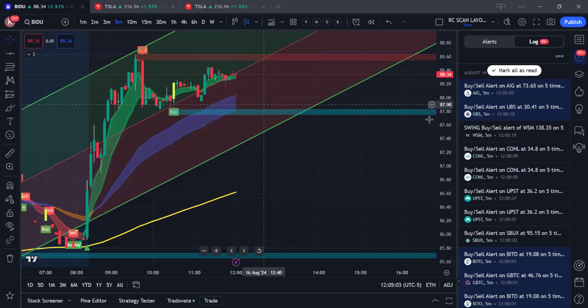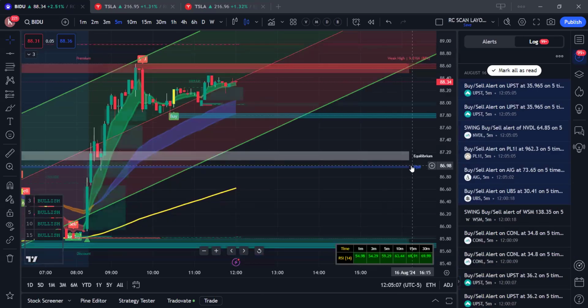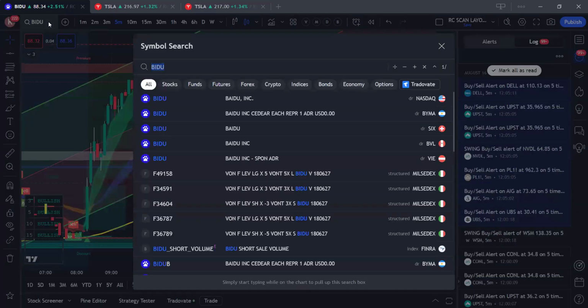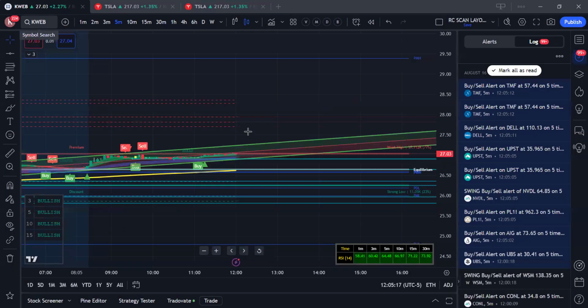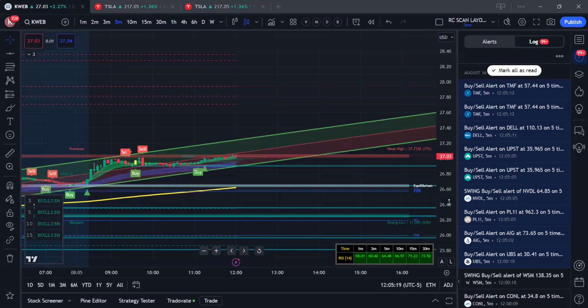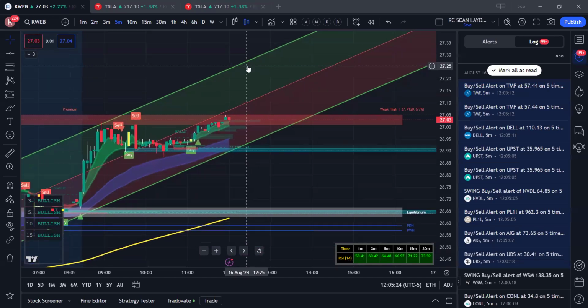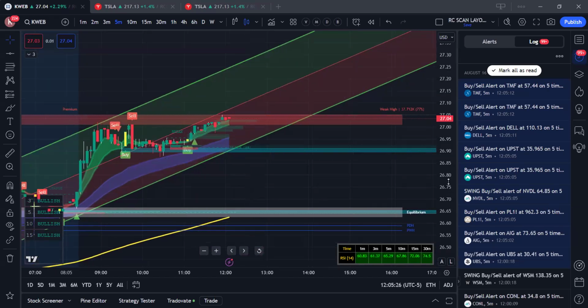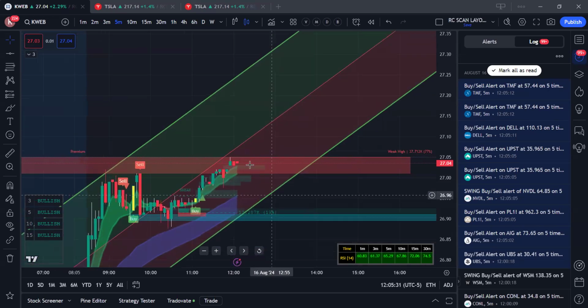Baidu is as of now, you can see a buy order block, but there is no major sell order block here. So there is a possibility for it to go further high.